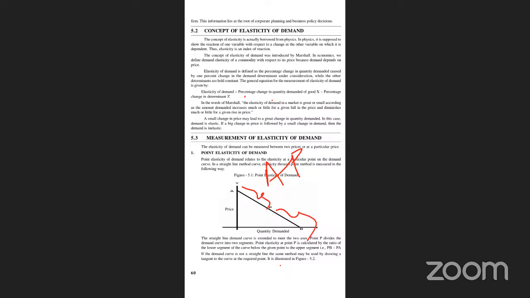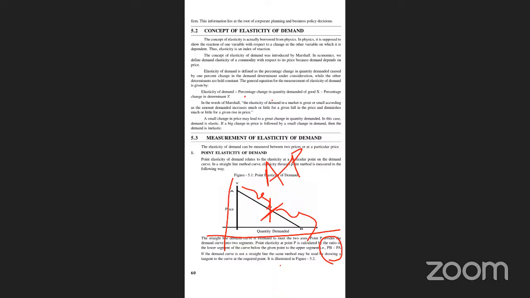It is dividing the whole curve into two parts, from A to P and from B to P. It is a point on the curve, which is a straight line. Here the formula you can see: PB divided by PA for the upper part.